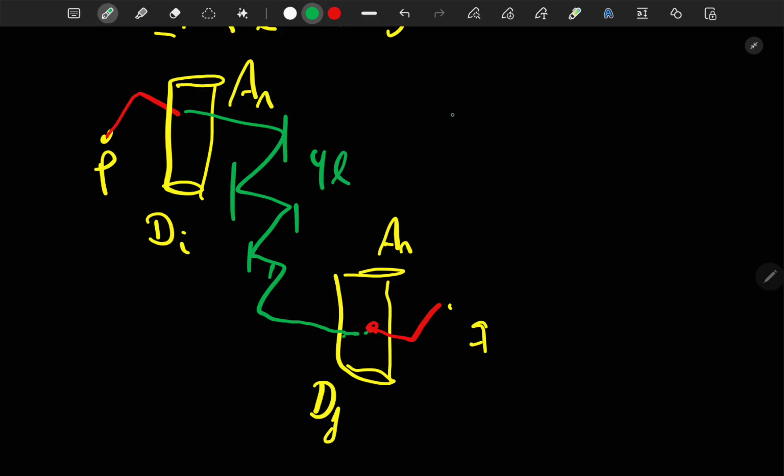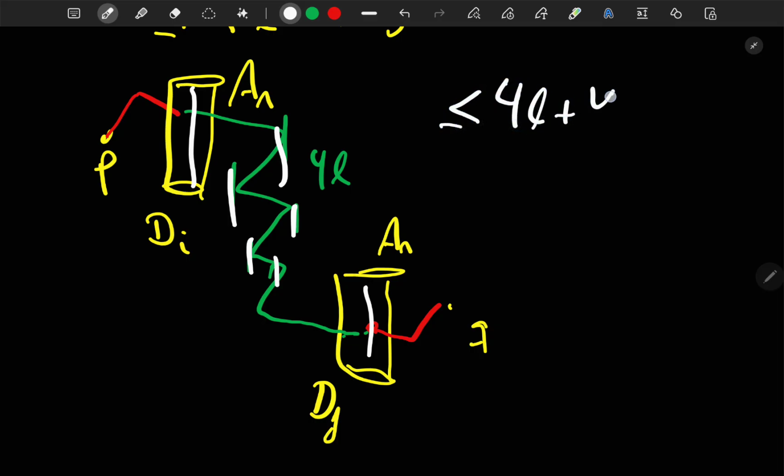So we have this accessibility modulo these central disks, using at least 4L plus 4 legs. Eight legs, because I forgot that.